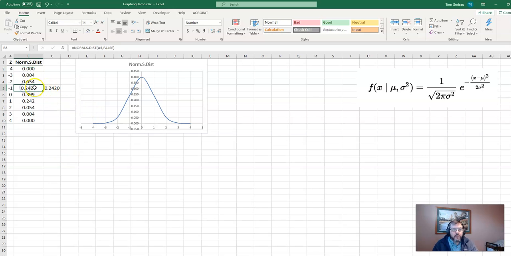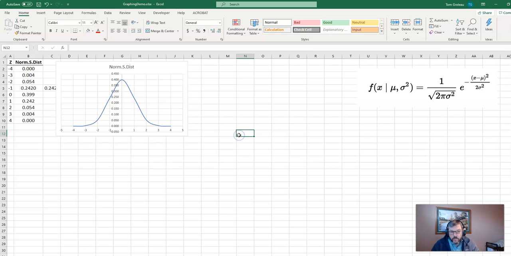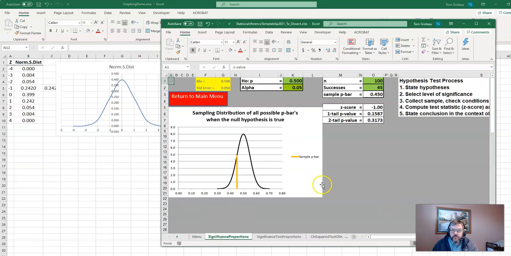And you can see that the norm.s.dist function does work the same as this really ugly formula. Of course, this is the standard normal. And over in this, your null hypothesis and your sample size will change what this distribution is. We did this a little bit in class.